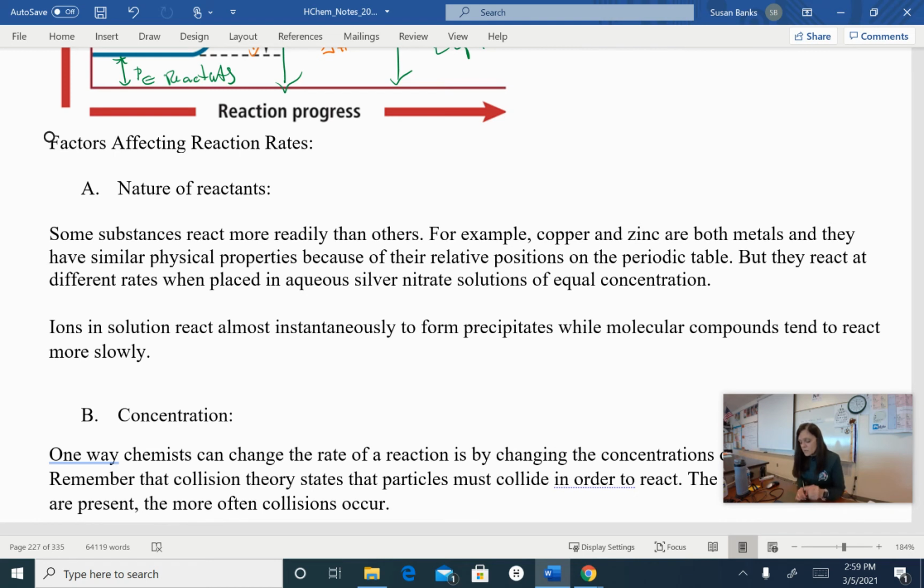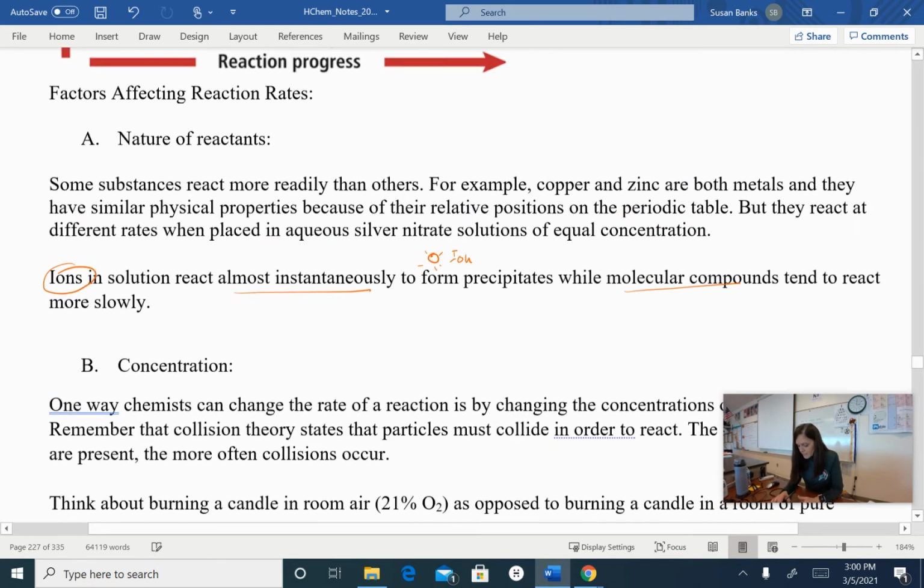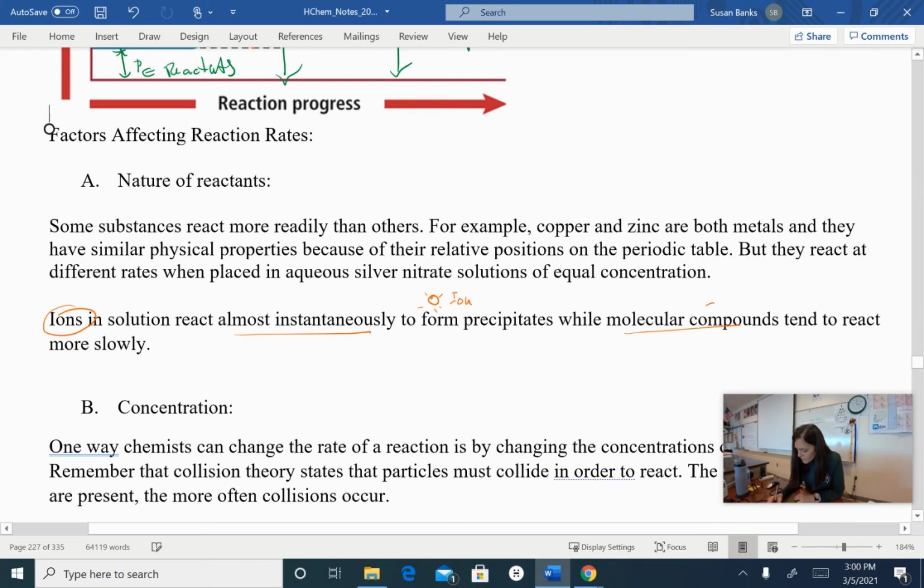So the reason that ions react almost instantaneously, think about how small a little ion is. There's only like how many places to hit an ion? Not very many, small. But if I have a whole big molecule, let's talk about like a sugar molecule. If I have a sugar molecule, I'm going to have 1, 2, 3, 4, 5, 6, 7, 8, 9, 10, 11, 12 carbons. I'm going to have all these oxygens off of it as well.